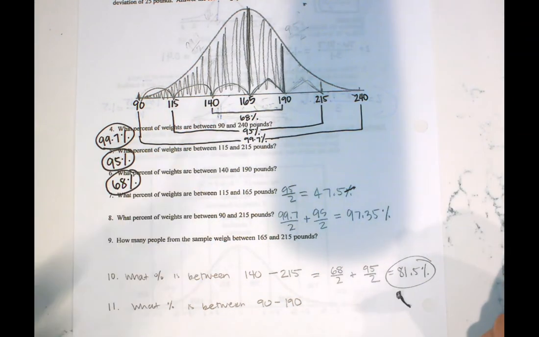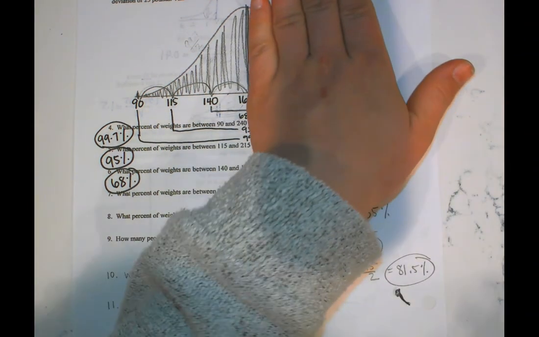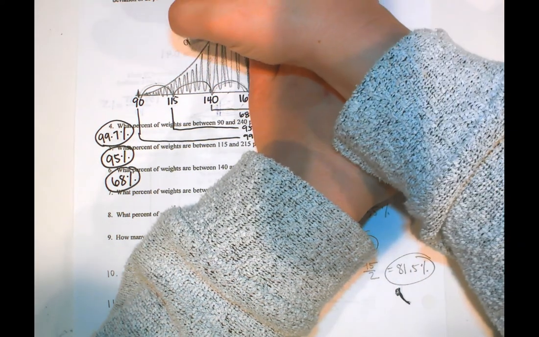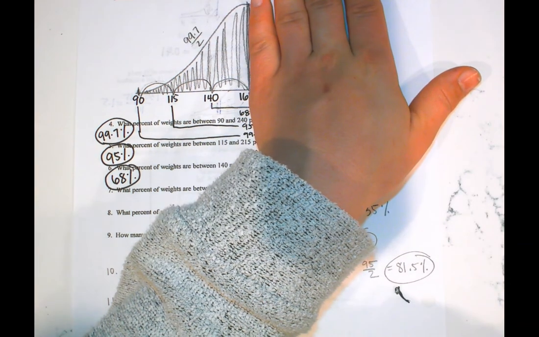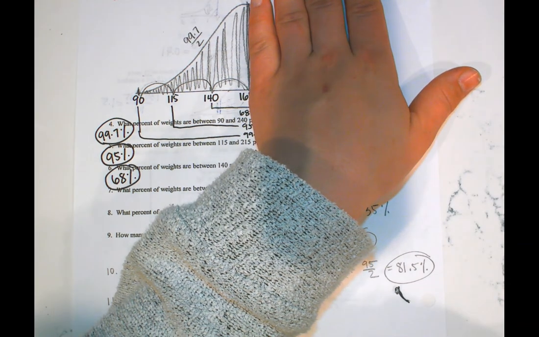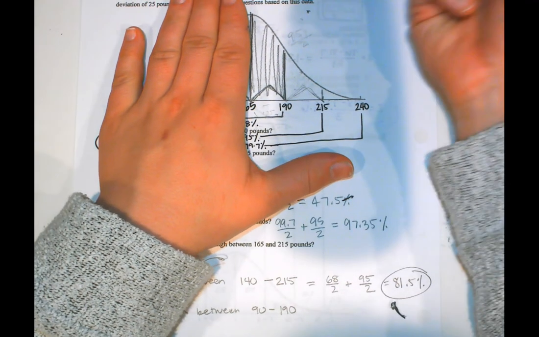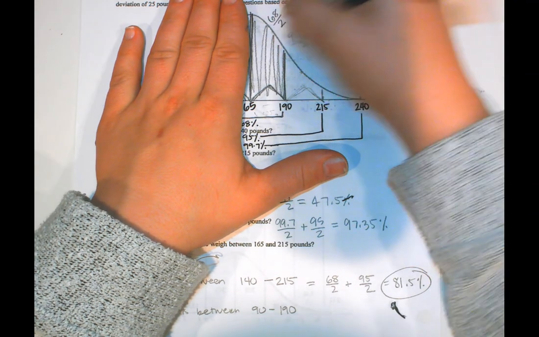So then let's break it down by half. On this half, I'm 3 standard deviations away. My empirical rule says 99.7, but I'm only looking at half of the picture, so I divide by 2. Then on this side, I'm only 1 standard deviation away. The empirical rule says 68%, but I'm only looking at half again.